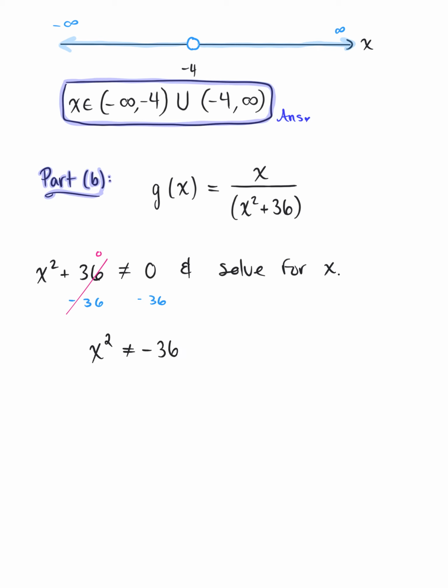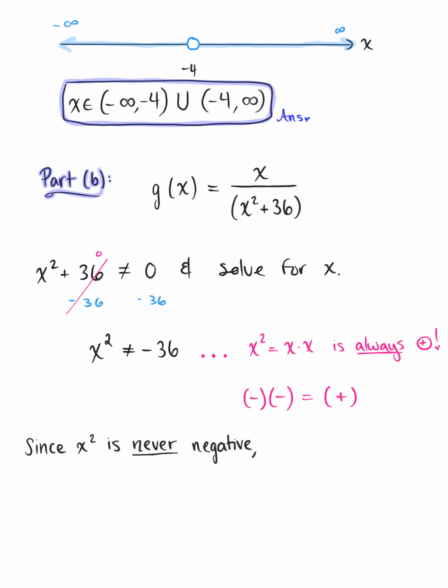Now, wait a second. We know that x squared is always going to produce a positive value. And we know this because when we multiply a negative number by another negative number, we produce a positive value. So therefore, since x squared is never negative, there are no values of x that will make x squared equal negative 36.